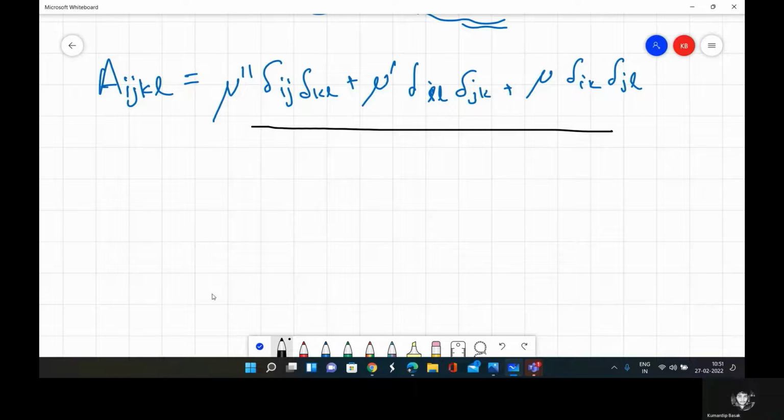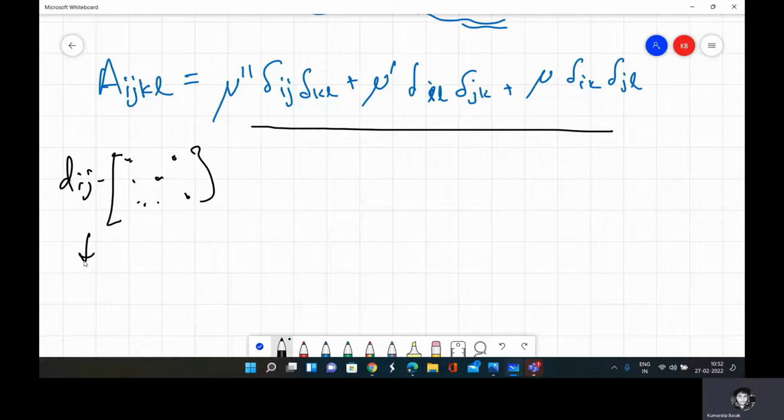Now what we have derived earlier also is that Dij was a diagonal matrix with 0 in the other entries. So this is a symmetric matrix, not isotropic.